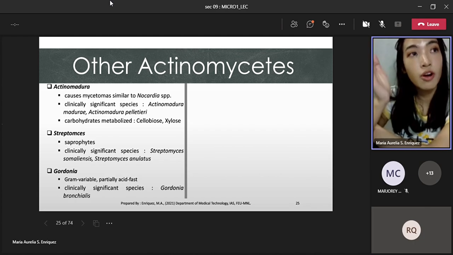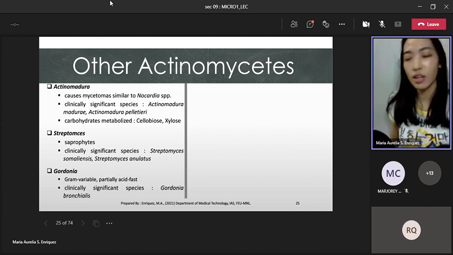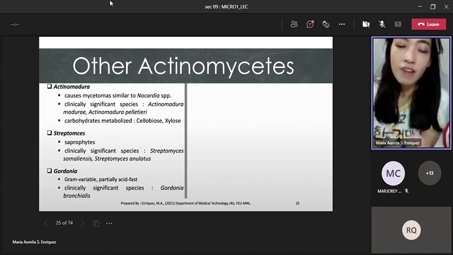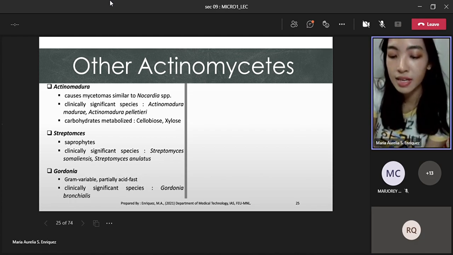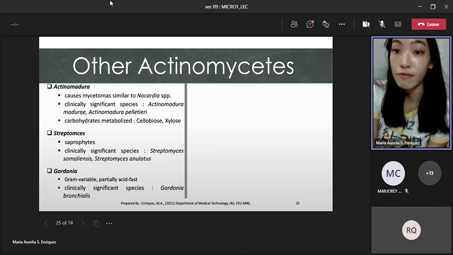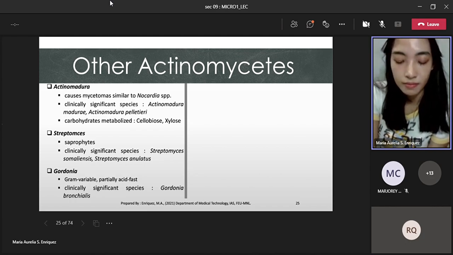So they prefer to inhabit the soil or other external environment. So kung gusto po talaga nating i-check if Streptomyces nga yung causative agent ng disease, then we would have to forward our sample to a reference laboratory.